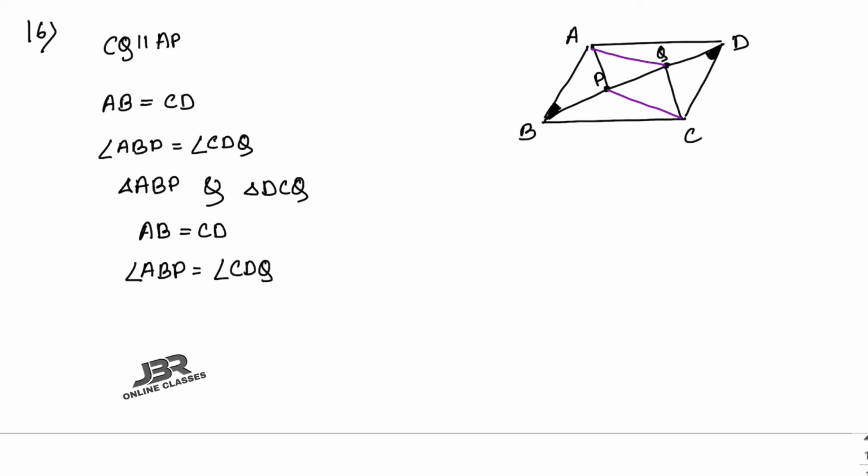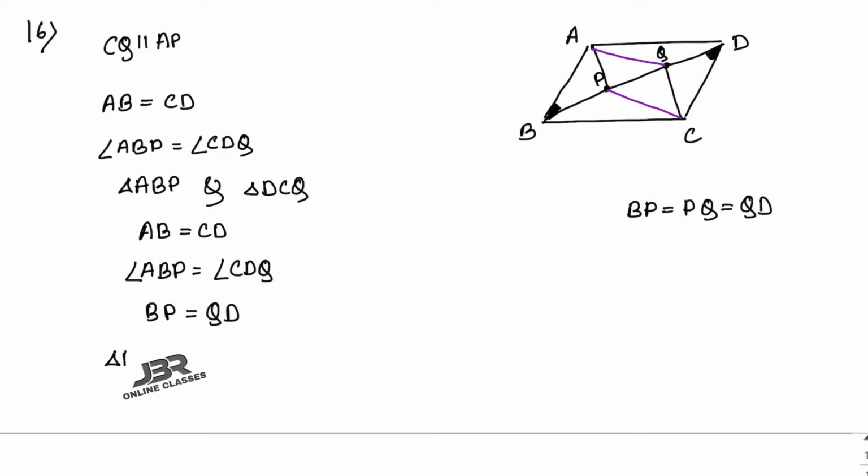And the third one: BP is equal to QD, because P and Q are the trisection points, so you can write BP equals PQ equals QD.